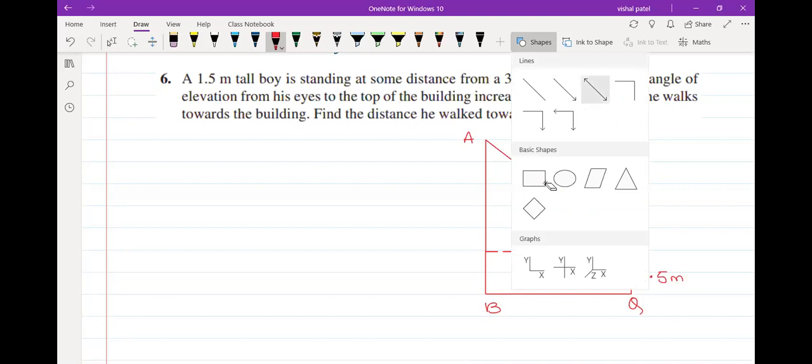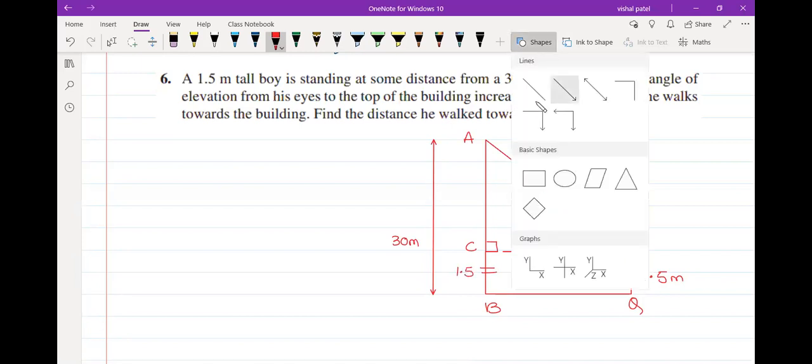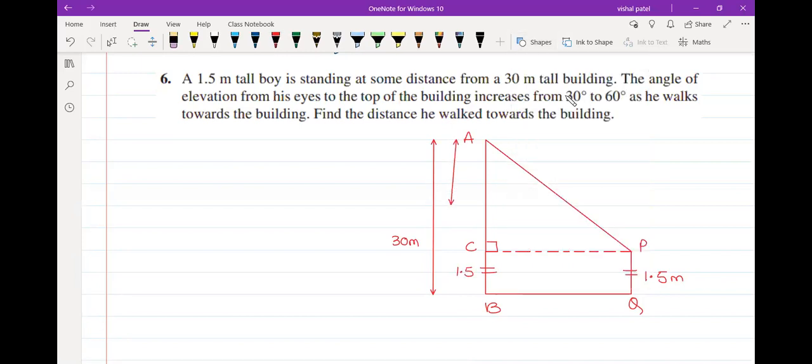And this total is 30 meter. This is 90 degree. I'll mark a point C over here, students. Now see this. This is forming a rectangle. Now you don't have to show that. So this is also 1.5. So how much will this be, students?